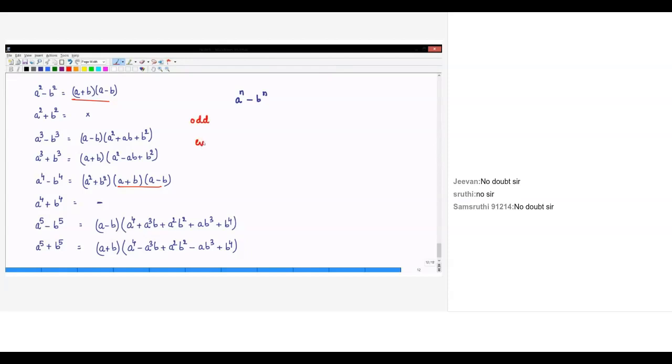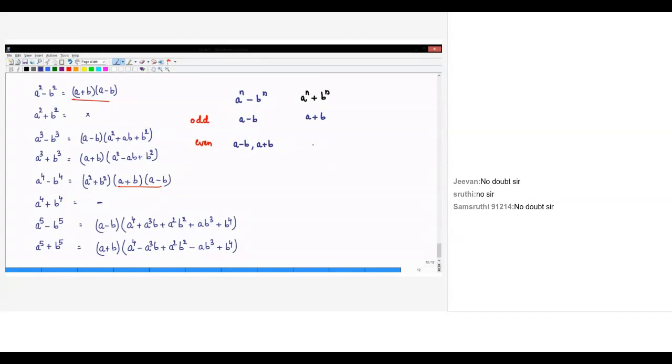Odd, even. And what are the factors? If it is even, there are two factors. If it is odd, then there is only one factor. What is it? A minus b is a factor, a plus b is a factor if the power is odd. If the power is even, you can say a minus b is a factor, a plus b is also a factor.